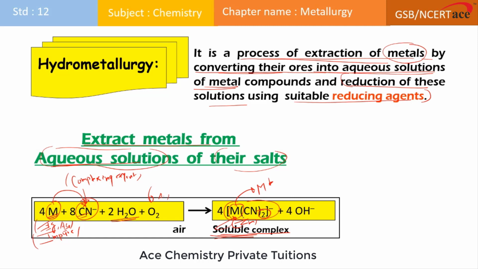Like zinc is the metal we added to reduce the silver and gold. So basically hydrometallurgy involves two steps. In the very first step, we form what? The soluble cyano complex of the metal. The second step involves removal of the metal from its cyano complex by adding what? A more reactive metal or highly electropositive metal.